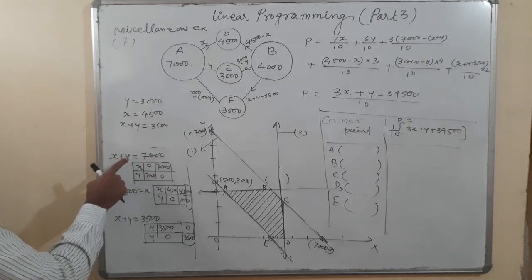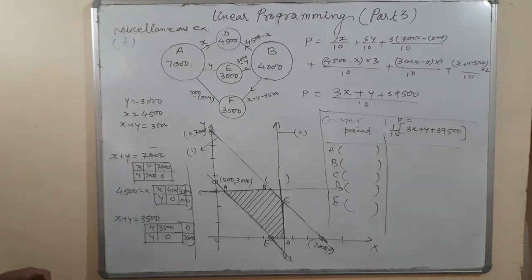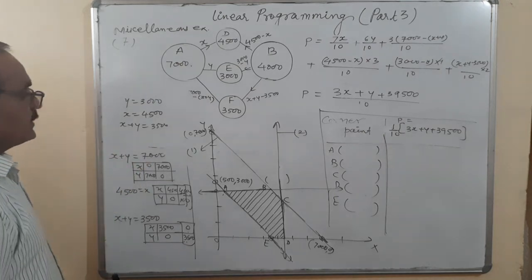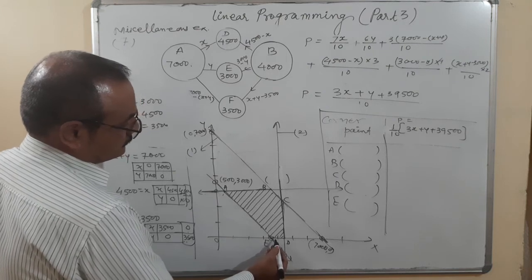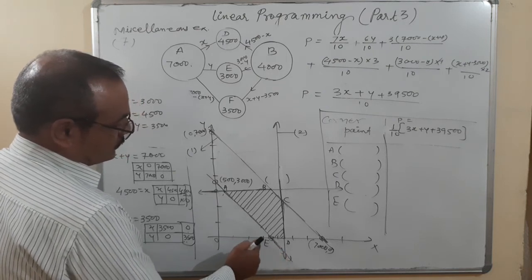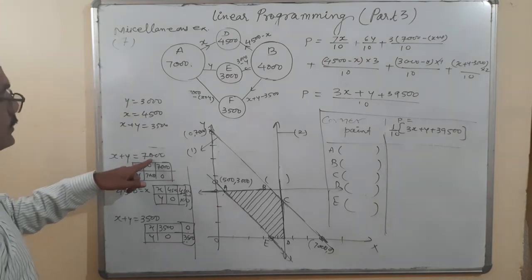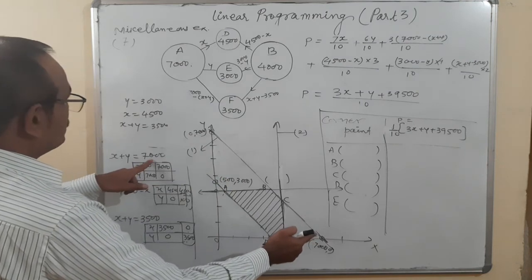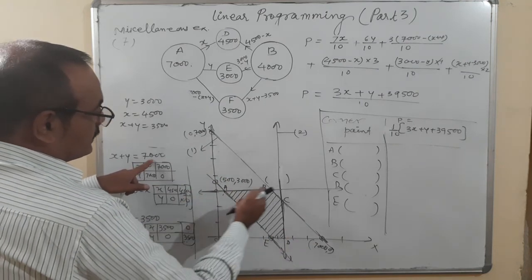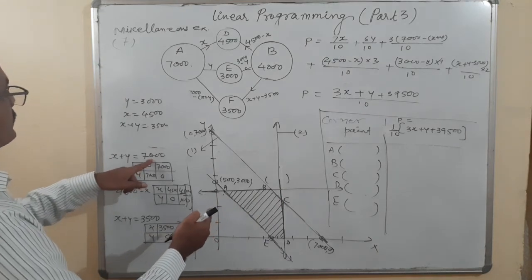So y is equal to 3000 and it is 7000, 4000 and 3000. X plus y is equal to 7000. We are talking about this line. X plus y is equal to 7000, and this is the line which is y is equal to 3000.